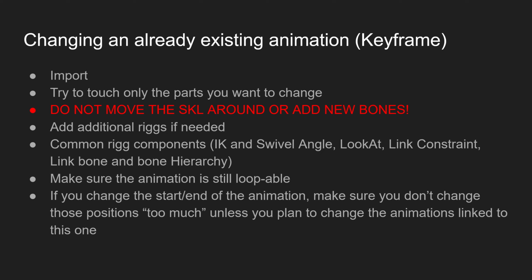Okay, if you do want to change the start and end of the animation, for example, you really wanted to move many parts and they're in a kind of weird state, do make sure they're not too different between the end and the start, unless you plan to also change the animation that it's linked with.